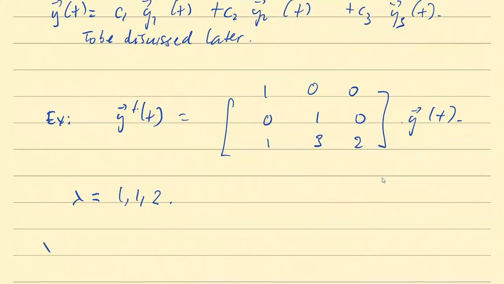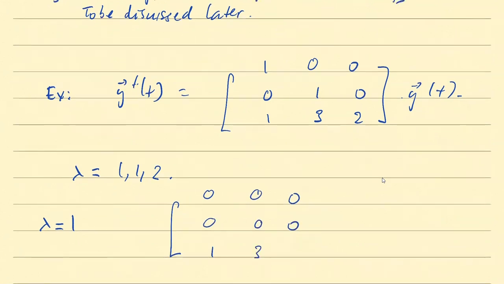What are the eigenvectors? When lambda equals 1, what's the matrix? 0 0 0, 0 0 0, 1 3 1. Now, how many eigenvectors do we have here?